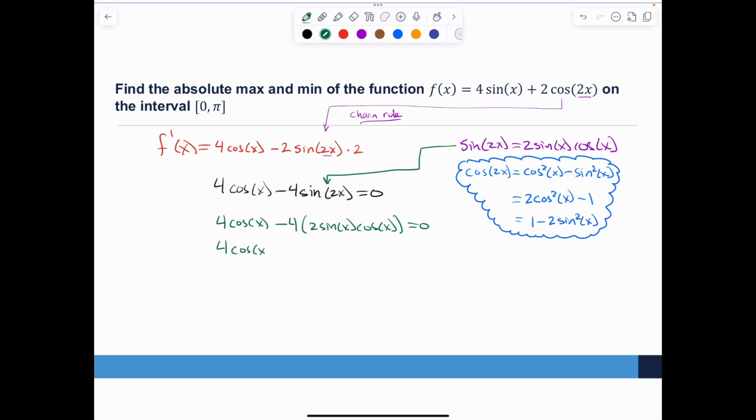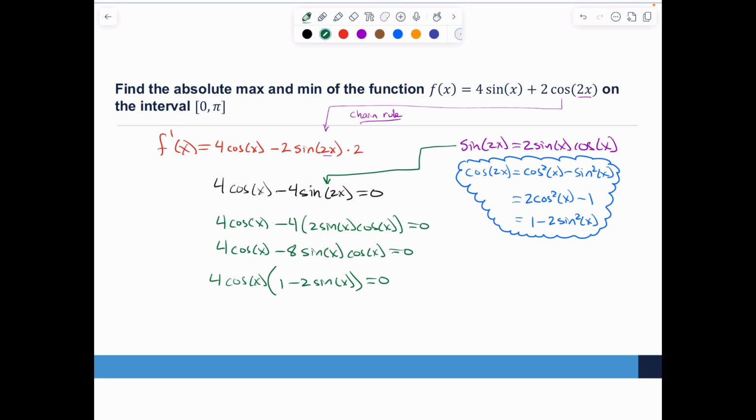I know, the algebra is the hard part, isn't it? Now we'll factor out 4 cosine of x. So far, so good, hopefully.